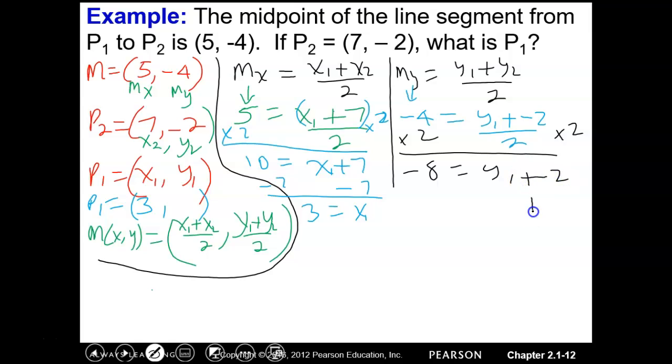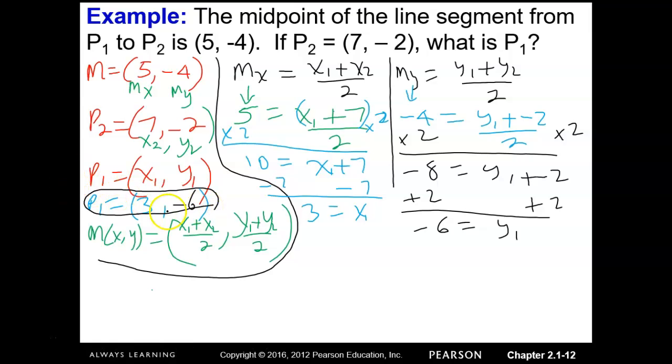Now we add 2 to both sides. So that gives us negative 6 equals y1. Okay, so now we put that in here, negative 6. So that's it, we have found the point P1. And we can check it.